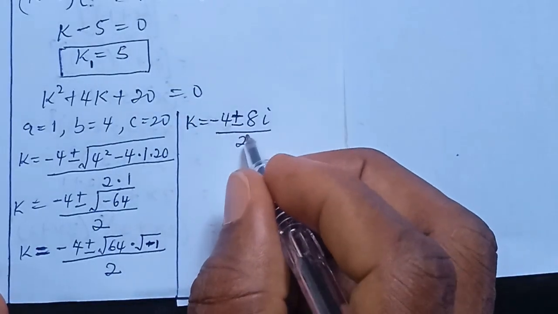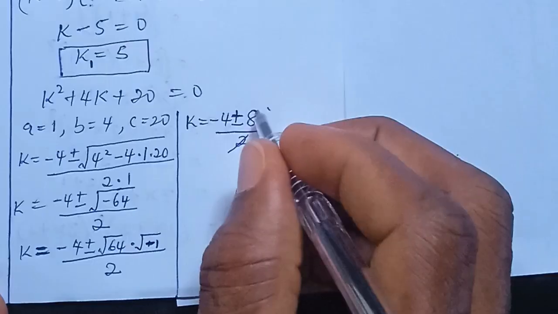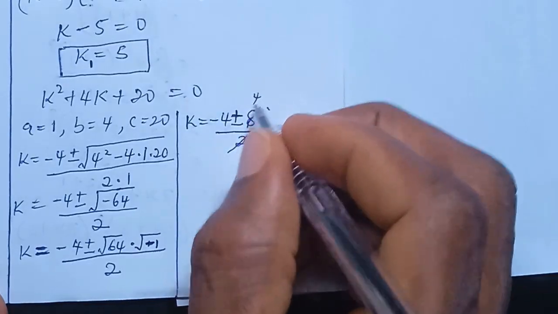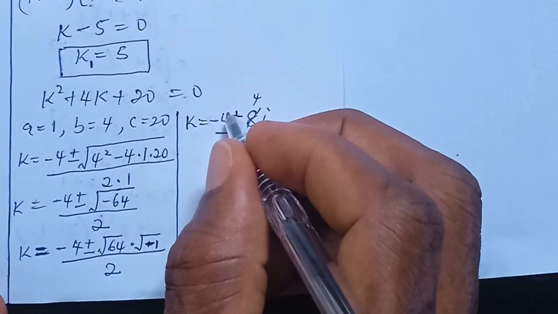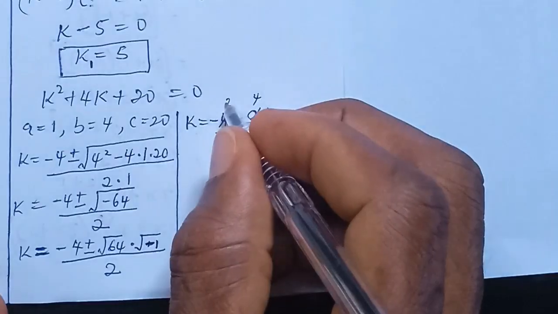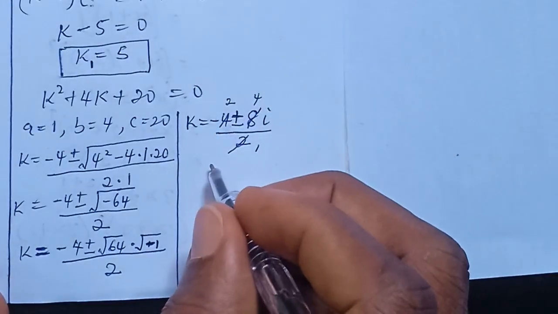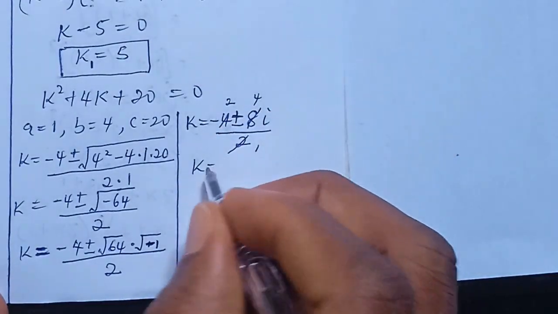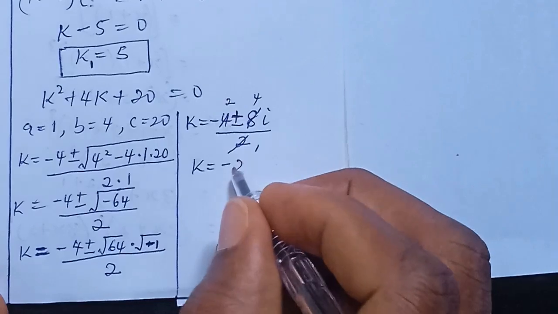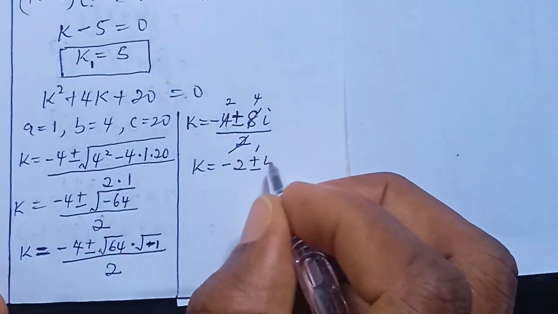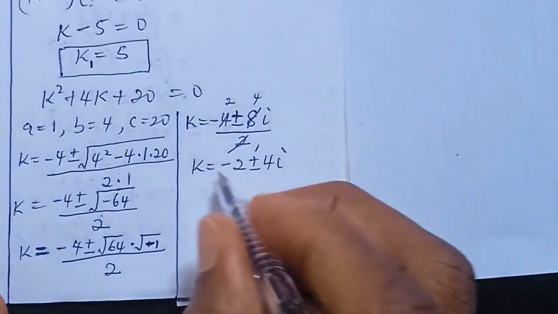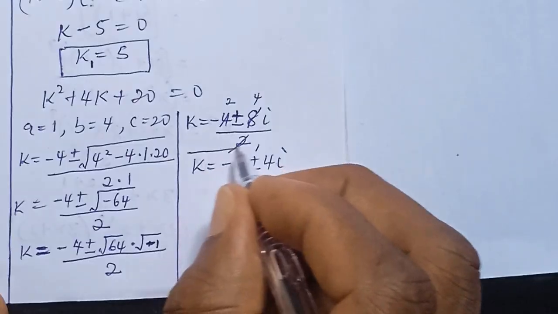So from here, 2 goes into 4 and 2 goes into 8, and that gives us k equal to minus 2 plus or minus 4i as the other values of k.